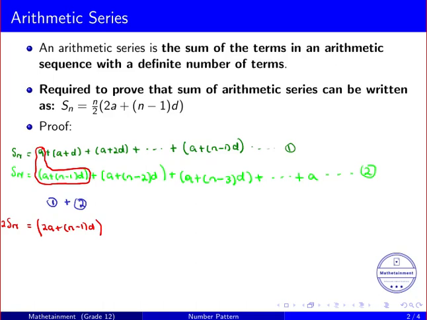Now you add term number 2 from your first series with term number 2 of your second series.